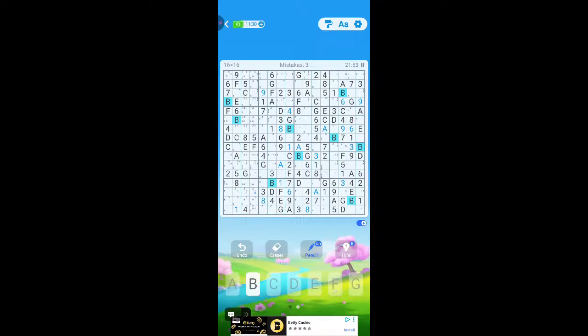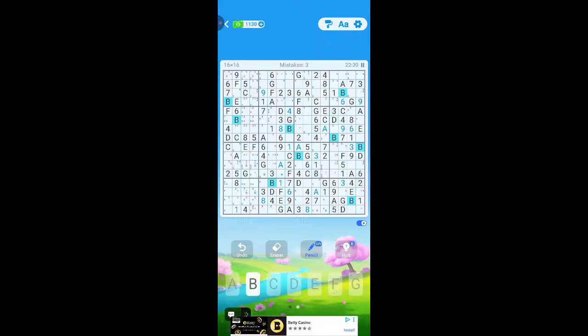B could be in these spaces in the bottom. These can only be in the bottom, so therefore they can't be up top. And the other, considering we can't put it in that block, it's the same logic.